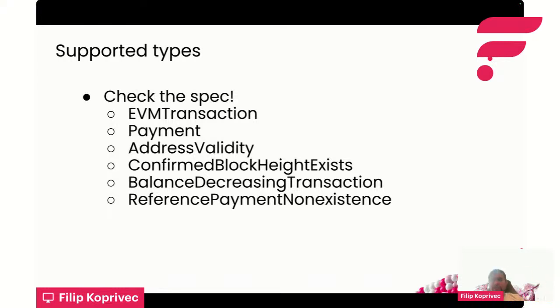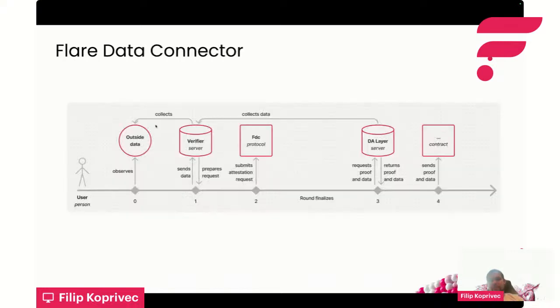So all these things are the things that you can't really do on blockchain, but you want to know and you want to use the information about them later. And how do you do this? Well, easy. You return to the previous graph and you see how you can firstly observe the data point in some off-chain instance that you want to use. You prepare the data, you submit a request.